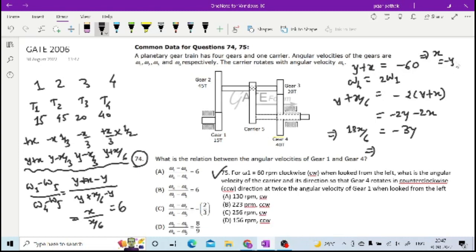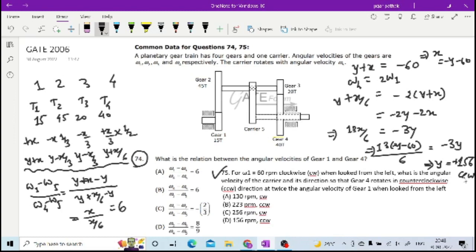So if you put this minus y minus 60 divided by 6 equal to minus 3y, then when you give final simplification, your y will be coming plus 156. Can you check now? From this y can be your plus 156, so that is why counterclockwise.